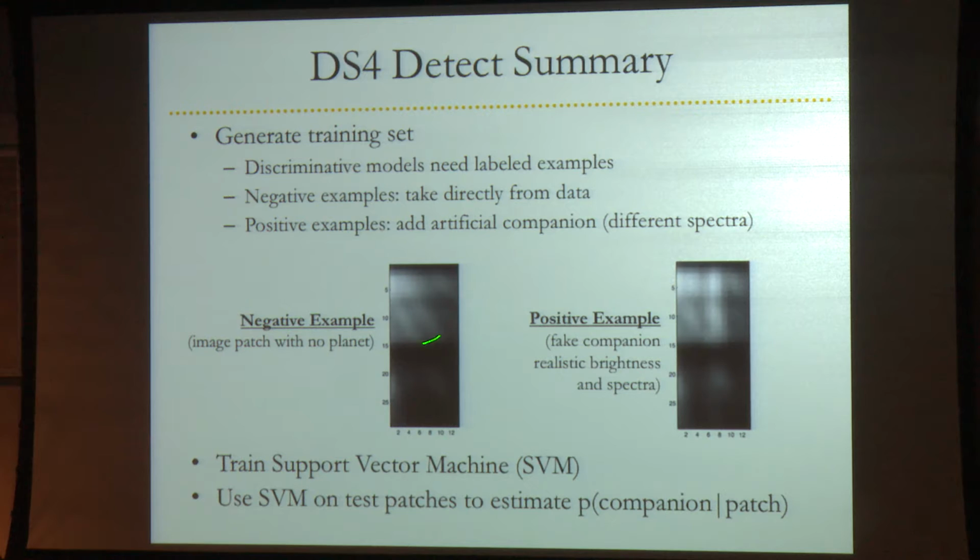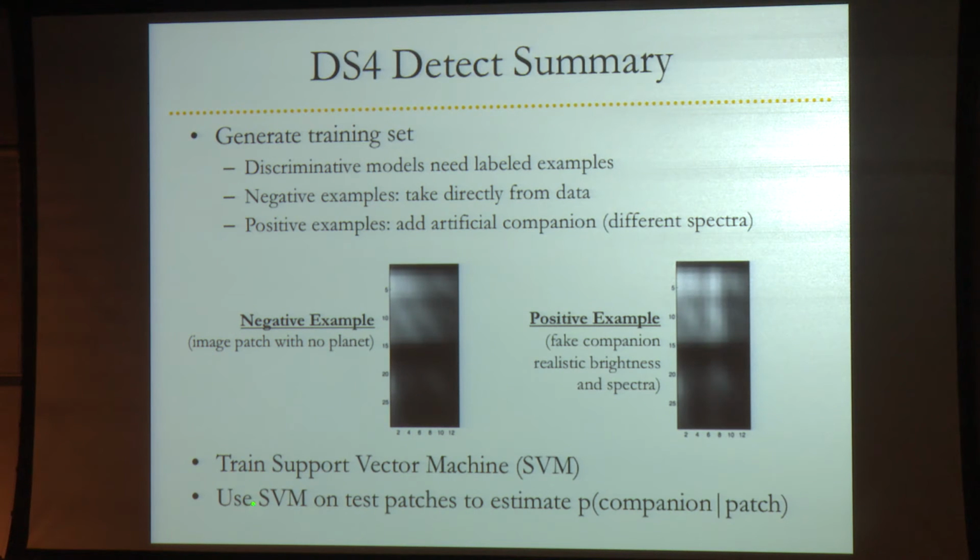What you're assuming is that you can use the background speckles as your speckle distribution. Ideally, you would also be able to generate new examples of speckles too, but in this particular work, they didn't do that. They simply add a companion signal to a patch drawn from what they hope is the background speckles, add the two, and use that as a positive example.